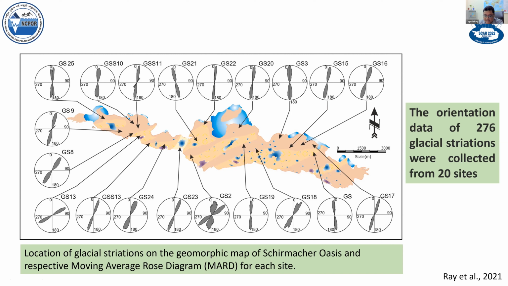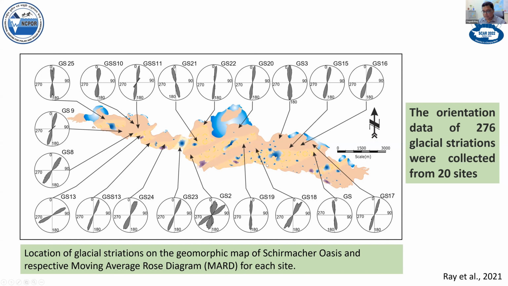And then we have the southern margin, comprising 7 sets of striations, namely GS10, GS11, GS21, GS18, GS19, GS11, and the intermediate zone in the middle part of the oasis. There we have GS9, GS8, GS13, GS24, etc.